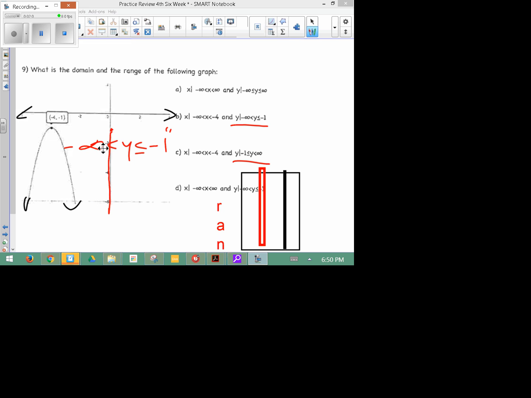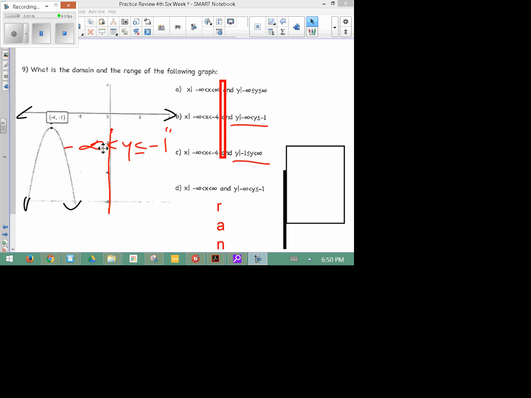So the only place where I find it is choice D. Choice D is the only one that says x is the entire x-axis and y is less than or equal to negative 1, because this is the domain from negative infinity to positive infinity, and then the range is from negative 1 down to negative infinity. So the answer is choice D.